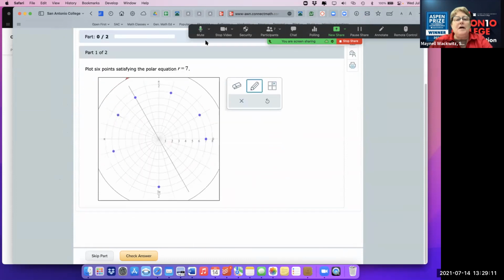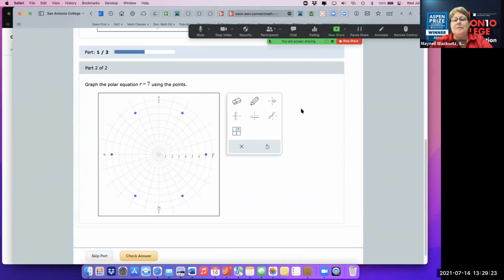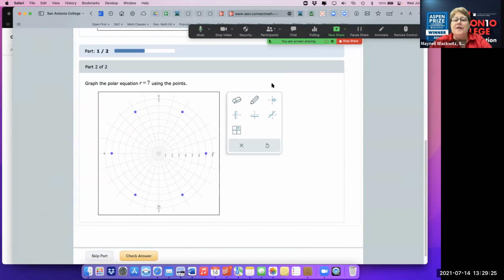So first you have to plot the points, check. Yeah, I'm right there with you. And then I chose the image that looks like a circle. Here we go. And then you have to connect it one place and then connect it a second place.